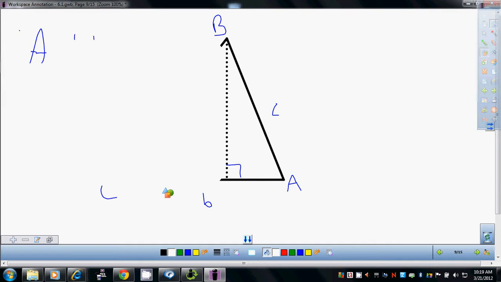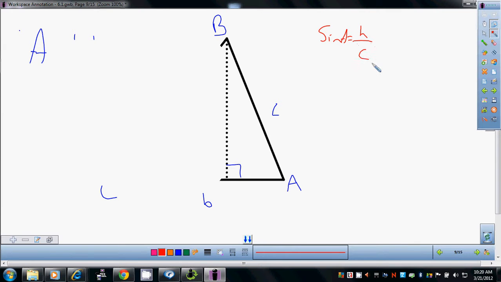Using SOHCAHTOA, what would sine of A be? Sine of A equals h over c. Now, if the height was something we didn't have, we would want to solve for it and substitute it. So solving for h, if you multiply by c, won't that give you c times sine of A equals h?